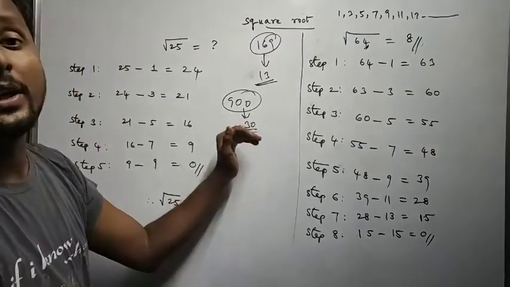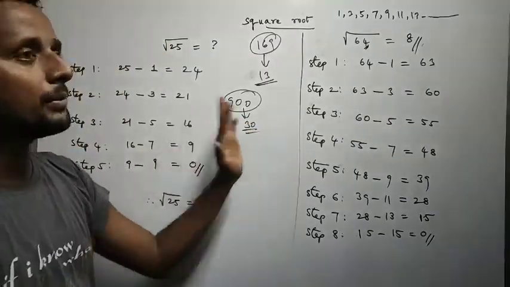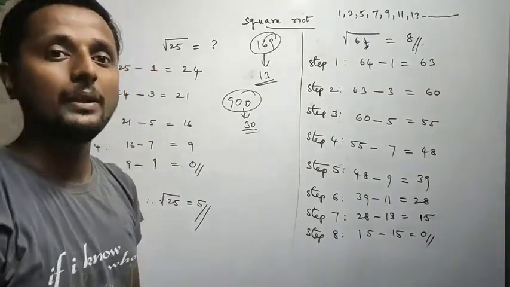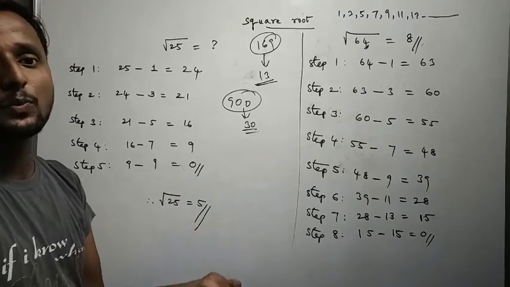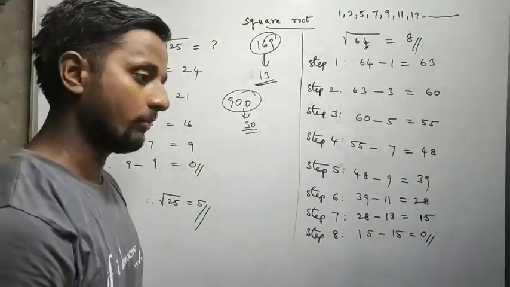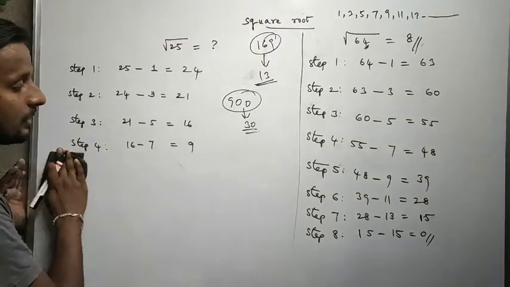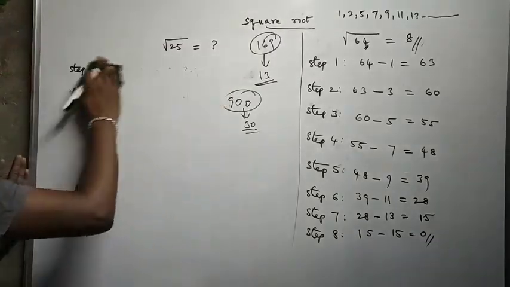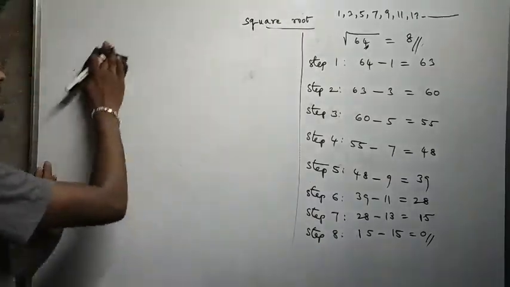So sometimes it's very hard to represent it on paper, so sometimes we avoid this method. Other times it will be easy. If the number is small, you can go with this method, no issue. But if the numbers are too large, don't neglect this method, okay? Yeah, the second method is the prime factorization method.